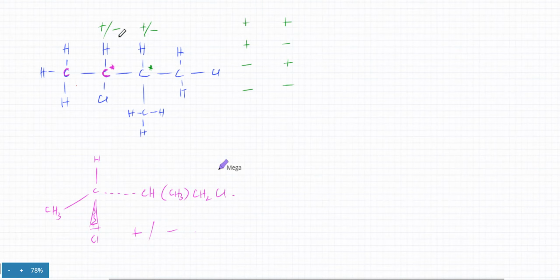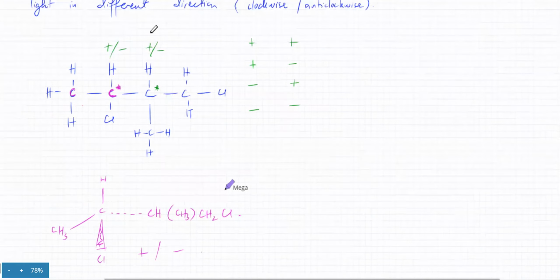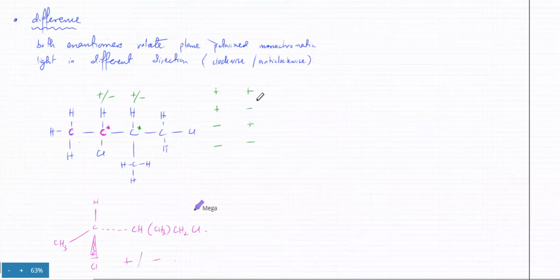So one would be plus and the other one would be minus. And this carbon atom would also have a tetrahedral arrangement, and one of them would be plus and the other one would be minus. They would be mirrored versions of each other. So in total, you have how many combinations? Four combinations.